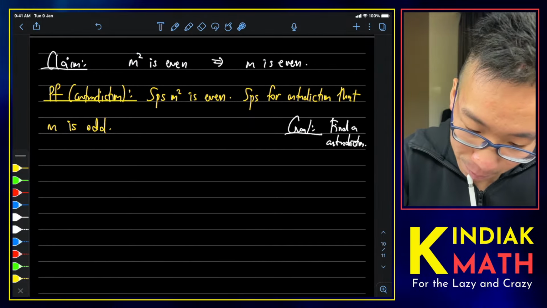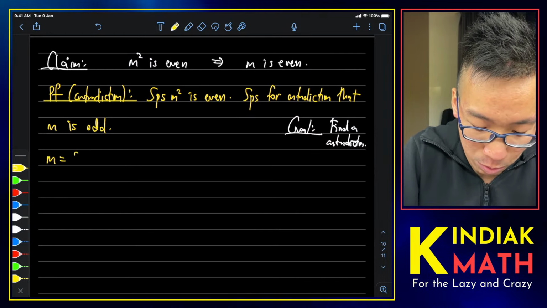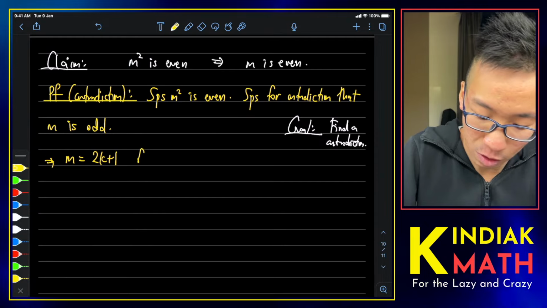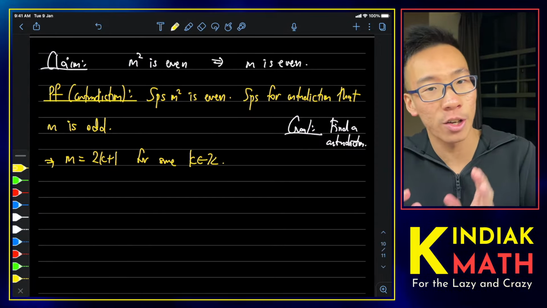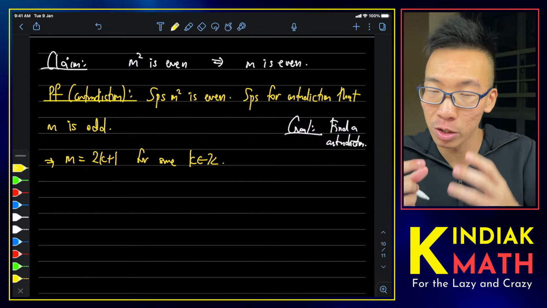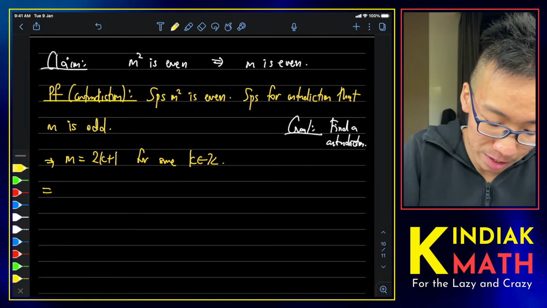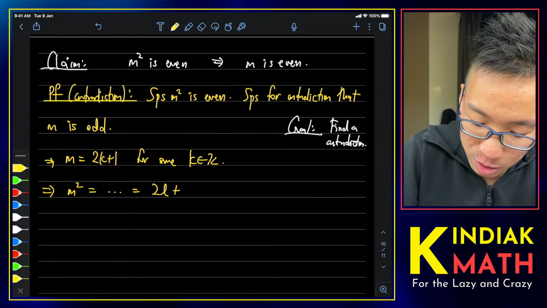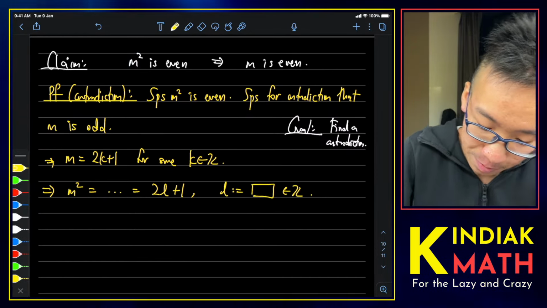So what do we have here? Well, we know that m is odd, so we can write m equals 2k plus 1 for some k in the integers. You're going to notice that the argument is going to be somewhat similar, but the way we derive the conclusion is different. So what I mean is this. m squared can still be shown to be equal to 2l plus 1, where l is an integer.